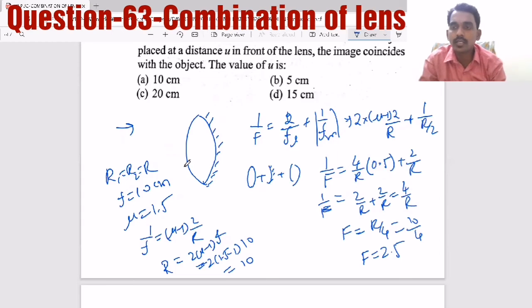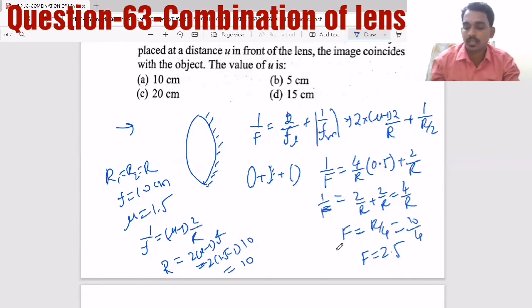So the image should coincide with the object, which means a real image should form. It is behaving like a concave mirror, and the case in which the image and object coincide is when the object is placed at the center of curvature. So focal length 2.5 means the radius of curvature will be 5 centimeter. So the distance of the object will be 5 centimeter.